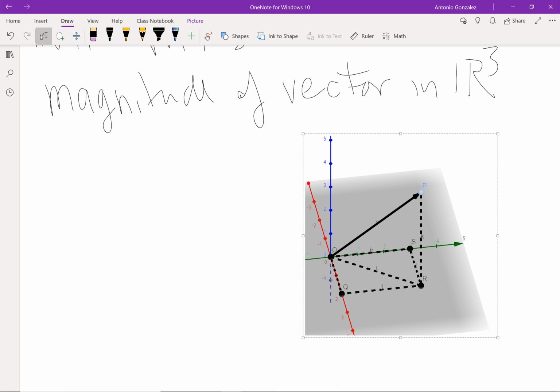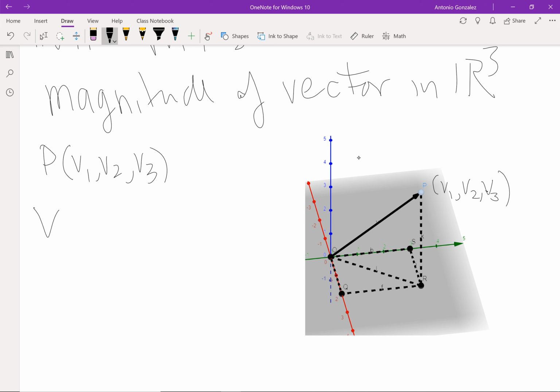All right, so let's say P is just some arbitrary point, V1, V2, V3. Remember, I'm treating P as a point, V1, V2, V3, as opposed to the vector V, that is the arrow that you see, the vector in standard position, which is at the origin.